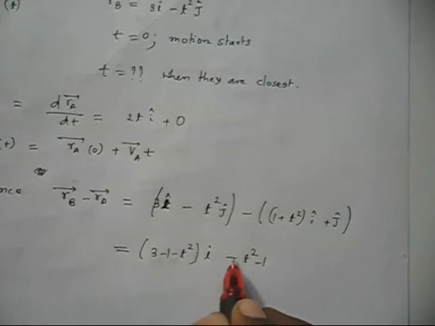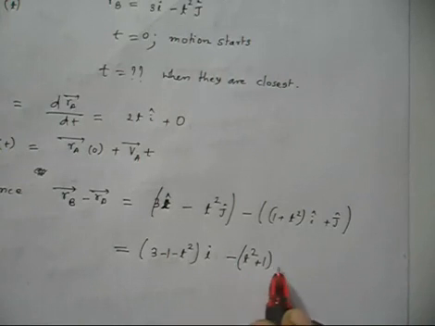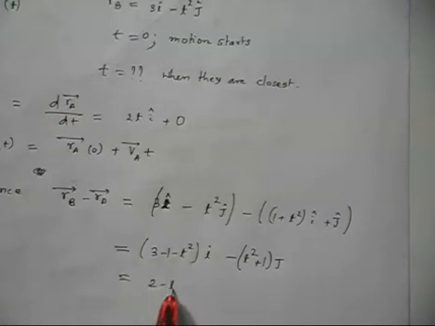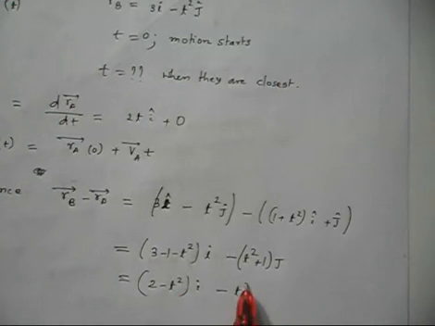Let us say if I take minus common, so this is plus j. You're getting or not? Minus common, so minus minus plus. So this is (2 minus t square) i minus (t square plus 1) into j.